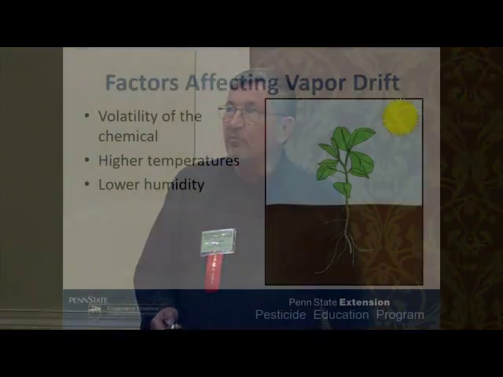Same thing happens with your pesticides. You get a lower humidity like what's in that house in the wintertime, low humidity, things are going to be more volatile, the water is going to evaporate quicker. Higher temperatures are going to kick up the evaporation or the volatility, and you get those moving off-site. So here you see the application, and through time, it's going to leave that plant and move off-site.